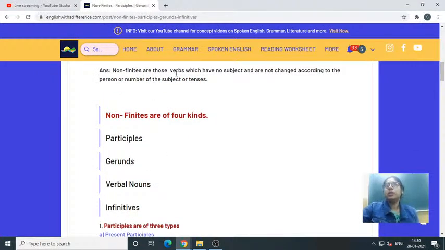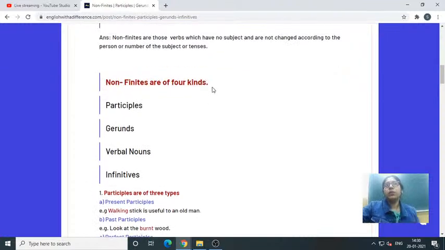Non-finites are those verbs which have no subject, and are not changed according to the person or number of the subject or tense. Okay? So look, there are 4 kinds of non-finites. So what are these? First of all, participles, then gerund, then verbal nouns, then infinitives.